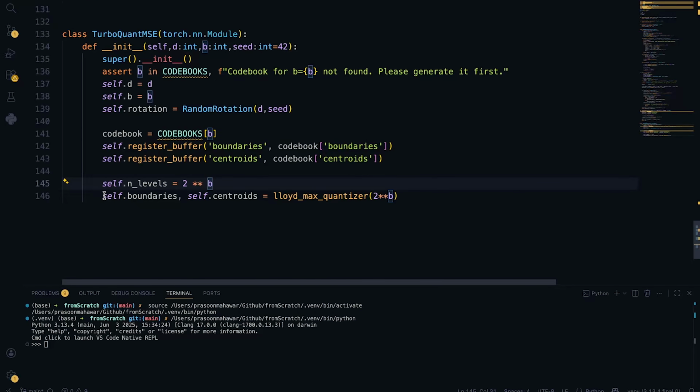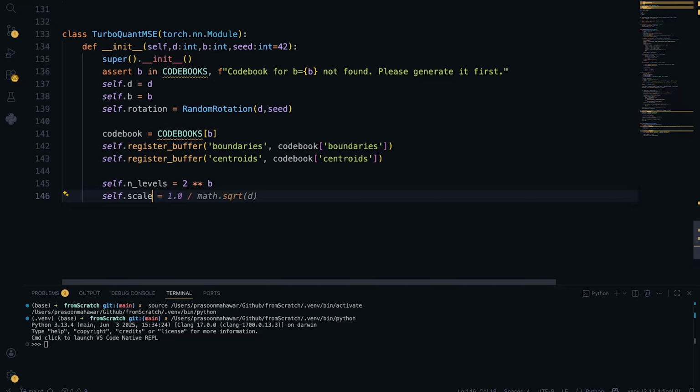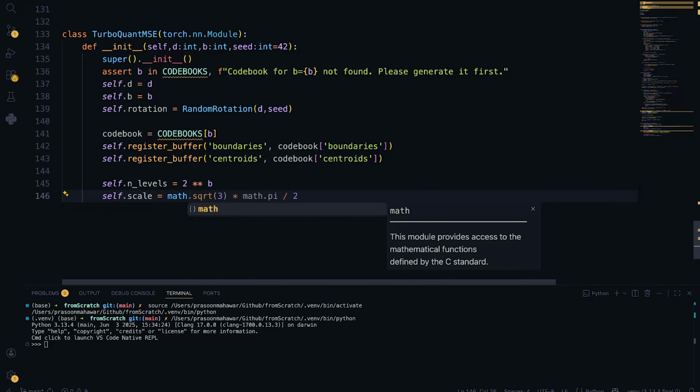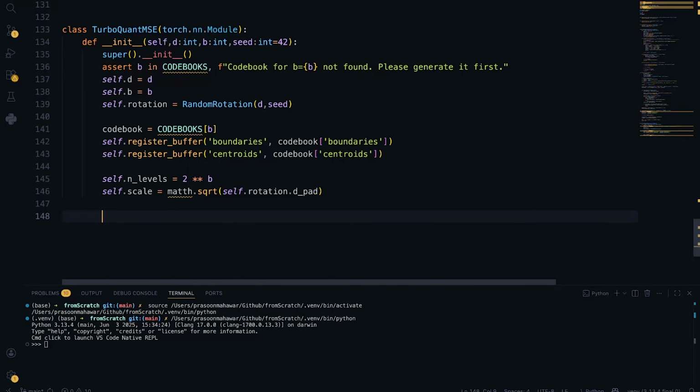And finally we can get rid of this. self.scale equals math.sqrt of self.rotation.d_pad, the padding dimension. That's it.